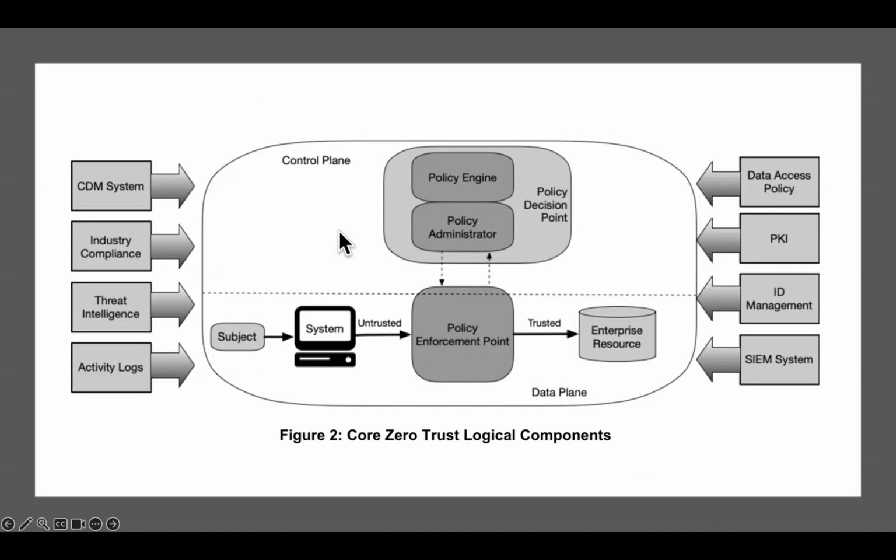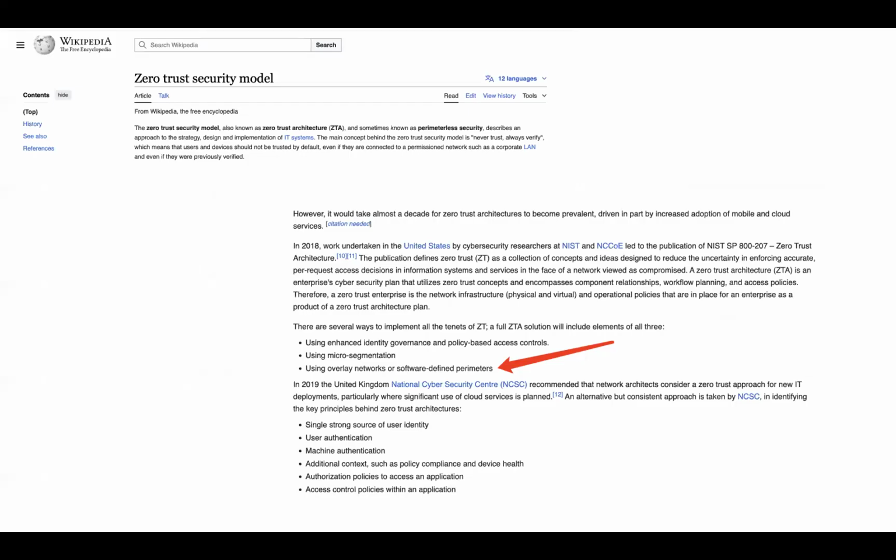This is a typical feature of software-defined network. So actually yesterday I saw that the Wikipedia page of zero trust mentions this. A zero trust architecture must contain an overlay network. I should have seen this a long time ago.